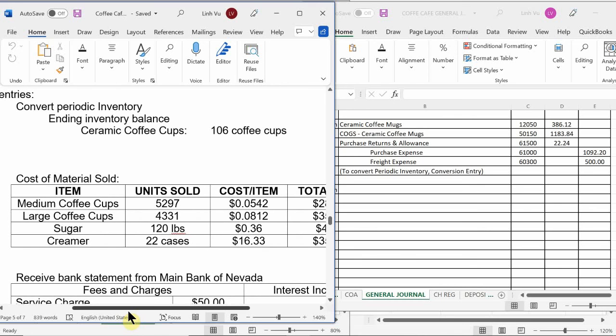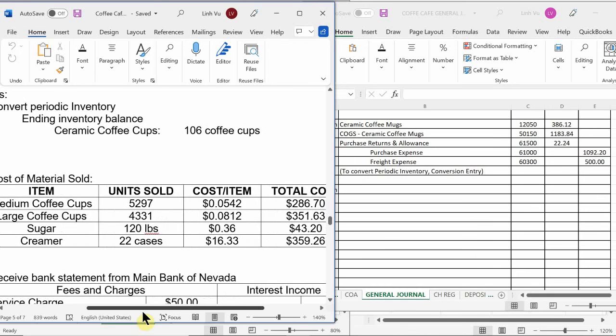This is how many units you sold. So you sold a total of 5,297 cups of the medium cups, and you sold 4,331 large coffee cups. You used 120 pounds of sugar and 22 cases of creamer.